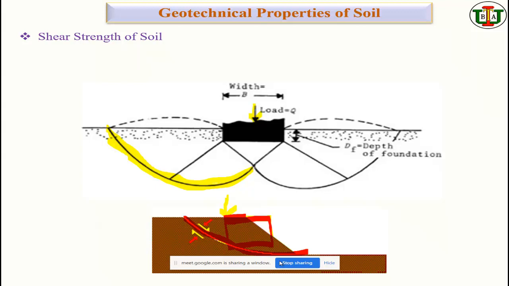That is what we call shear, right? If the force is developing parallel, at that time we call it shear force. Since soil is going to fail on this region, that would be the failure line of the soil. Do you understand?